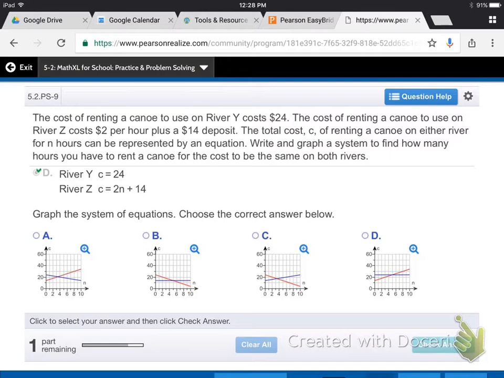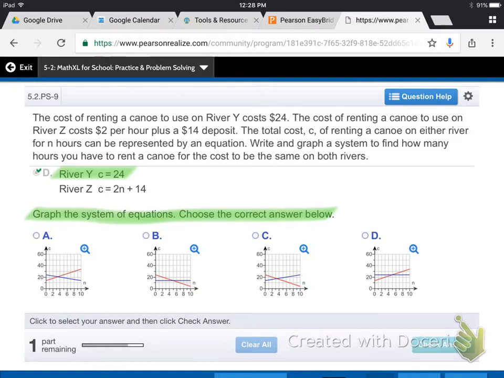I scrolled down a little bit, and now it says graph the system of equations and choose the correct answer below. All right, well, we know that for this equation, the y-intercept is 0. So one line has to be going, the slope is 0 for river y.